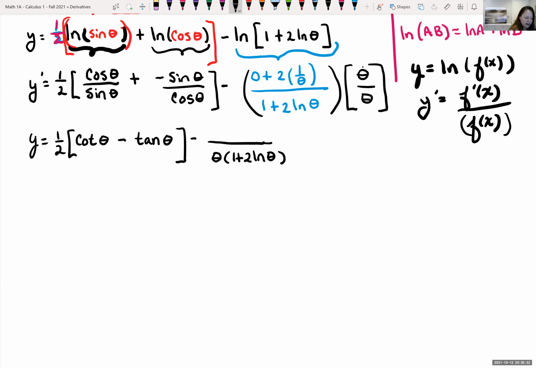And in the numerator, this theta times 1 over theta, that's going to cancel, times that 2 is just 2. And that's the derivative, so I should have a y prime there. It looks like that is as far as we can take that.